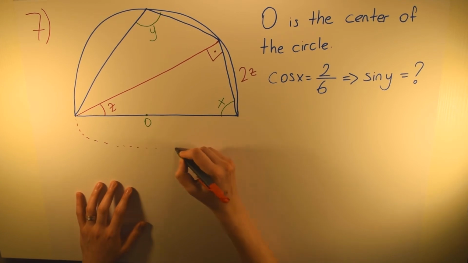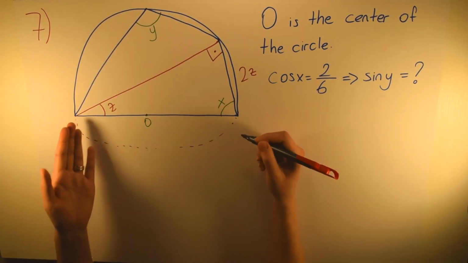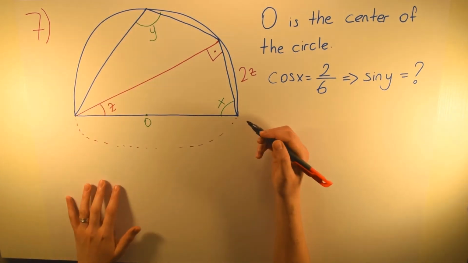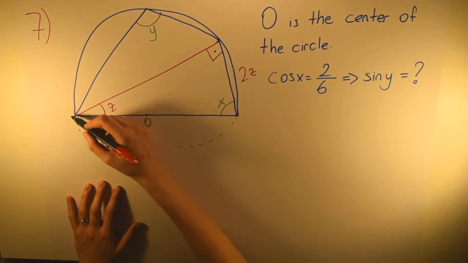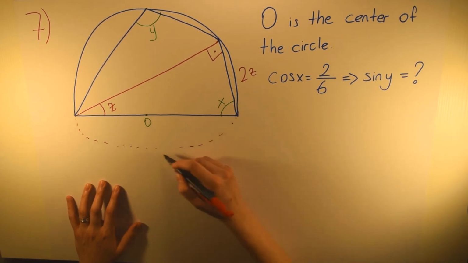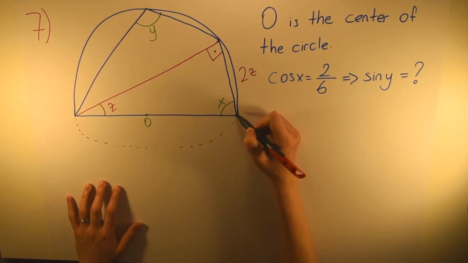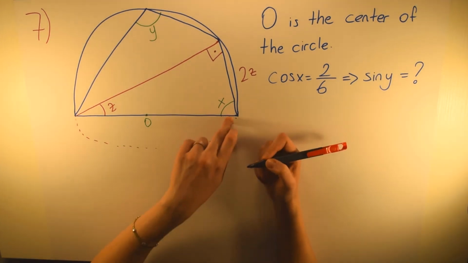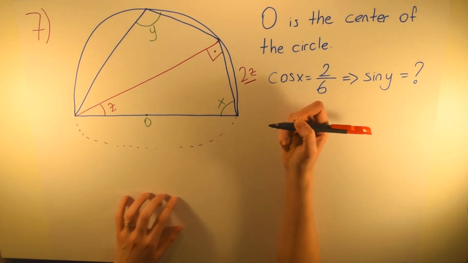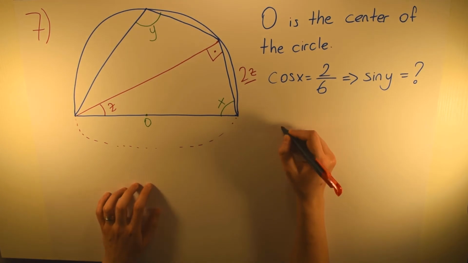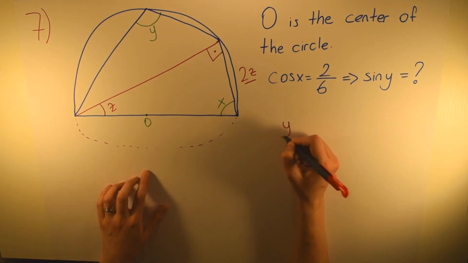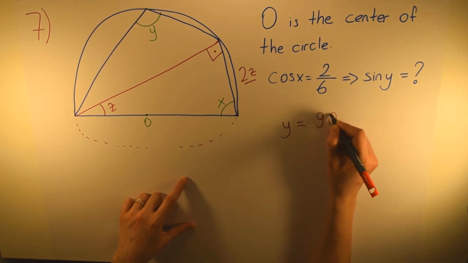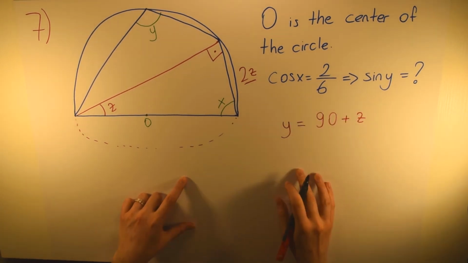So when we look at our angle y now, as you can see, when we complete it, I will draw like this just for you to understand, because I need this space. As you can see here, our y angle sees this whole 180, right, and plus this 2z. So we can say that our y angle is equal to 90 plus z. Why?